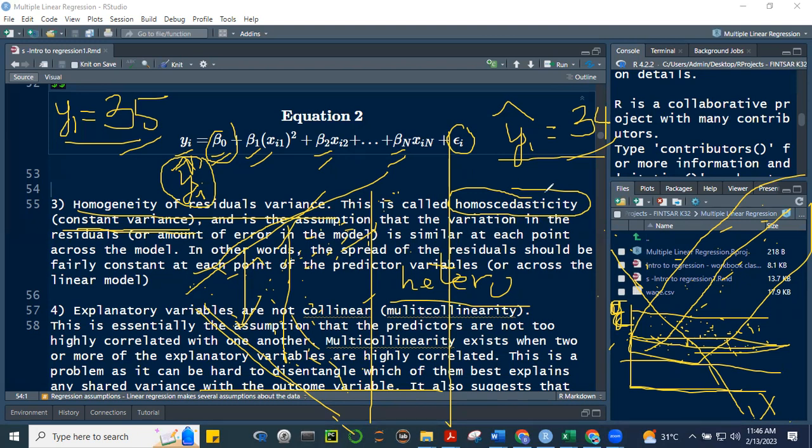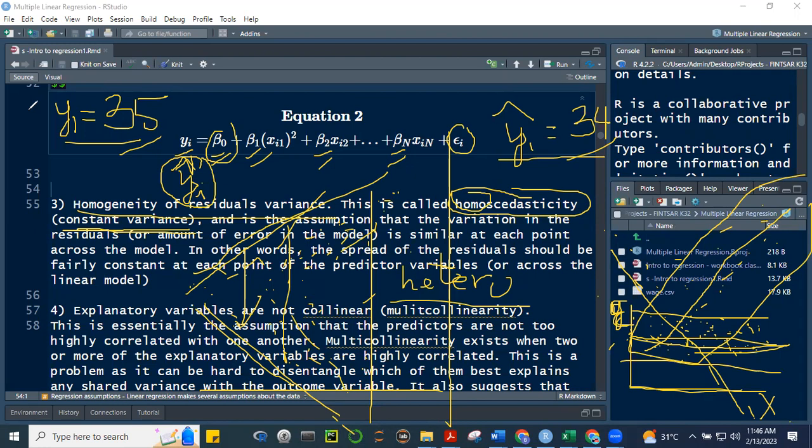Skedasticity means spread. Homoskedastic means equal, because homo means the same. Skedastic means spread. So the spread of your residuals is constant. If heteroskedastic, the spread is not constant. So either it's increasing or decreasing.